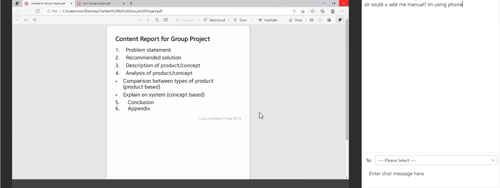Do you understand for problem statement? It is important for you to justify, cite and back your argument with reliable sources. Remember that for problem statement, make sure that you cite and support your argument with reliable sources. So far so good.